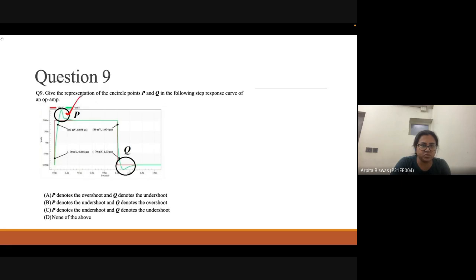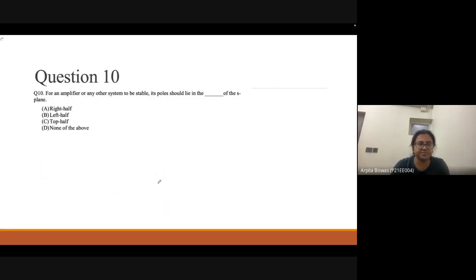Here P is the overshoot, and Q you can see is the undershoot. So what is the right answer? Option A is the right answer. P denotes the overshoot and Q denotes the undershoot. So next move toward question number 10.